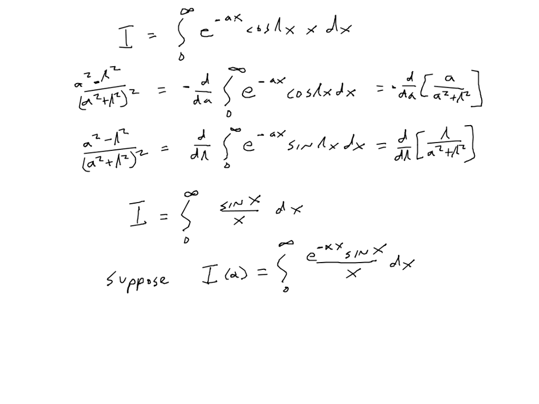Well, when I do that, what happens is when I take the derivative of this integral with respect to alpha, then I'm taking the derivative of the exponential term. And that's automatically going to kick out a factor of negative x inside the integral. So that's negative x e to the minus alpha x sine x over x dx.